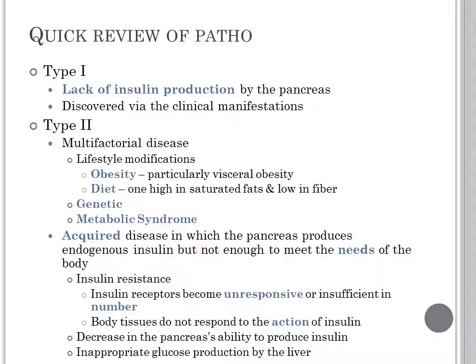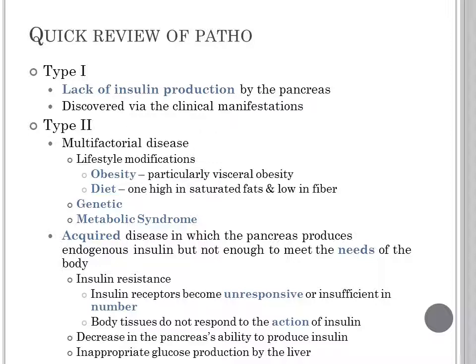Breaking this down a little bit further under the acquired disease, the first one is that insulin resistance occurs. With insulin resistance, insulin receptors become unresponsive or insufficient in number, or both. So they still exist, but they're just not as sensitive to insulin anymore. So when you eat a carb, and your pancreas secretes insulin, it goes into the bloodstream, and the receptors are not picking it up anymore.